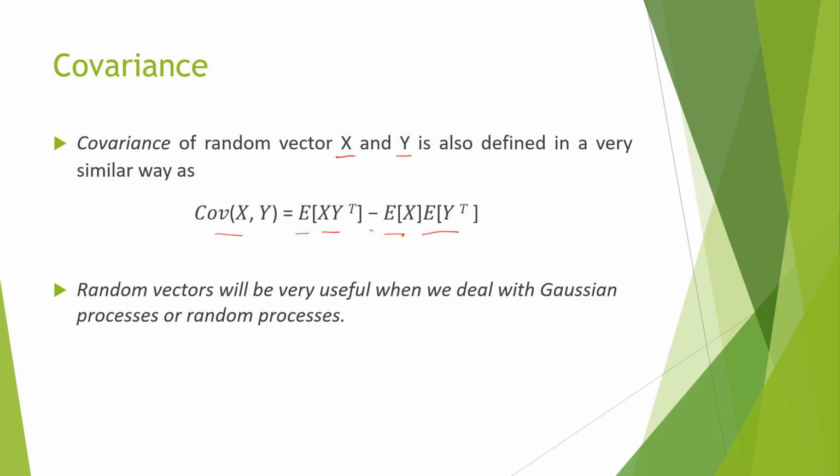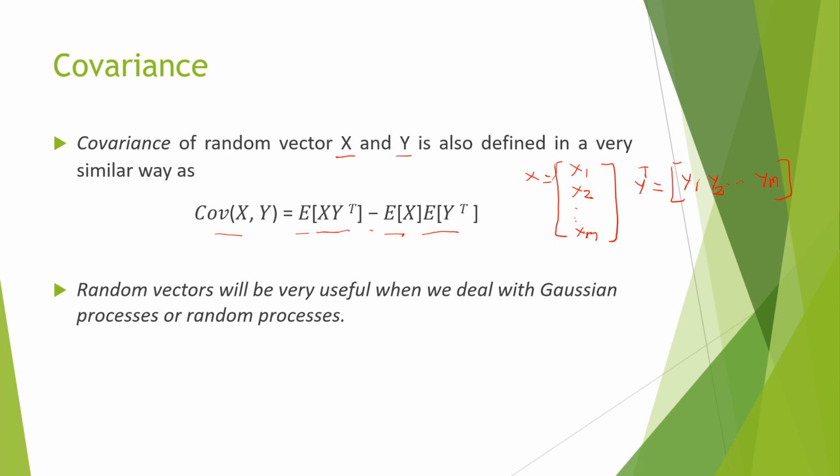In a similar way, here x is a column vector and y transpose is a row vector, and as we have done for the variance in the previous slide, we can perform the covariance operation here, except that here x is a column vector x1 x2 up to xm, and y transpose is a row vector written as y1 y2 up to ym.